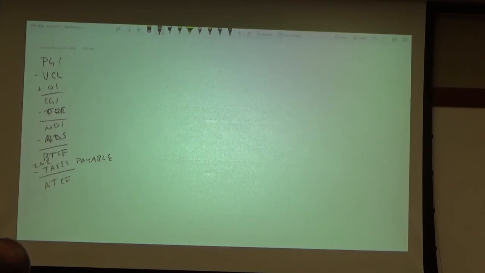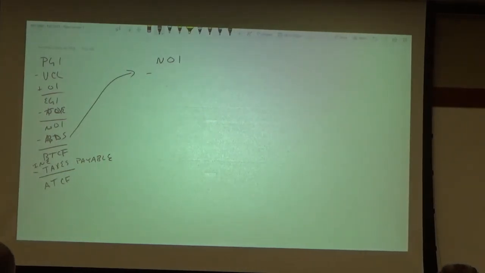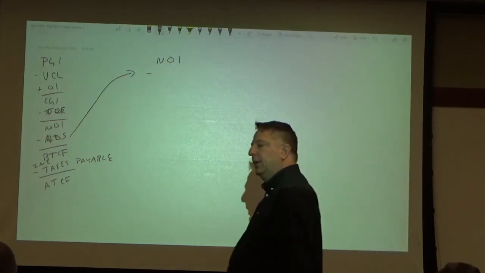To get there, we have to do kind of an interesting little subroutine where we take our net operating income and then subtract out some things. Well, instead of subtracting out our annual debt service, what do we get to subtract out? Interest expense. How is that different from annual debt service? It doesn't include principal.